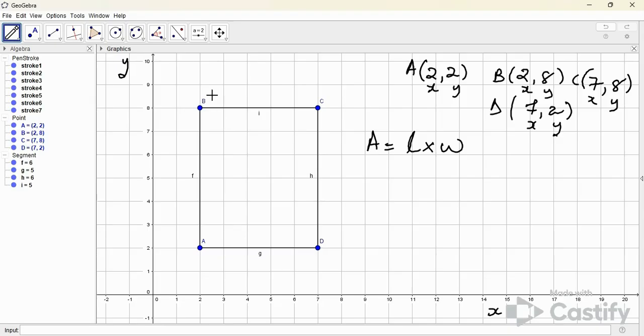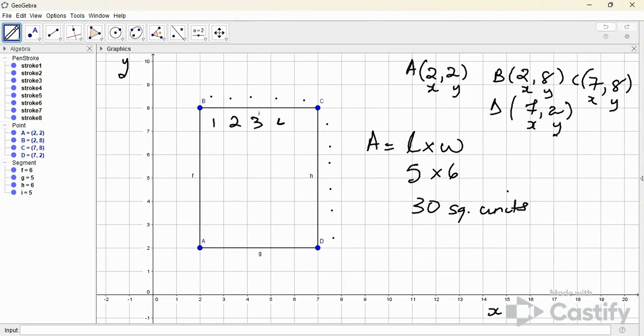So let's find the length, which is 1, 2, 3, 4, 5. And let's do the width. 1, 2, 3, 4, 5, 6. So 5 times 6 is 30 square units. If you count it, you should end up with the same thing.